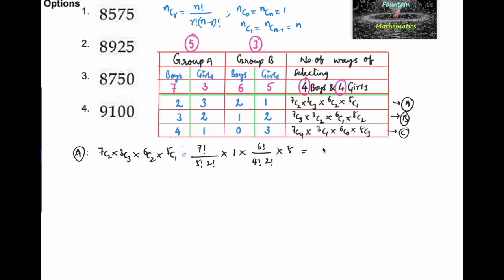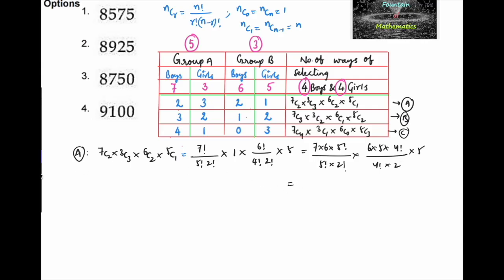is 5. So here we can write 7 into 6 into 5 factorial divided by 5 factorial into 2 factorial. And here 6 factorial we can write as 6 into 5 into 4 factorial divided by 4 factorial into 2 factorial, into 5.